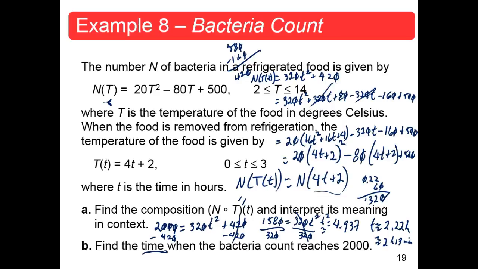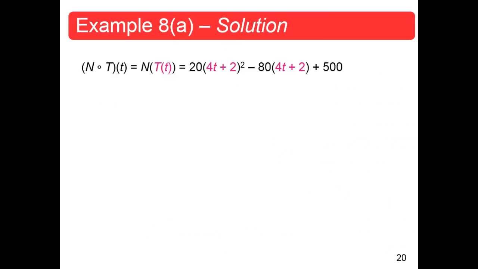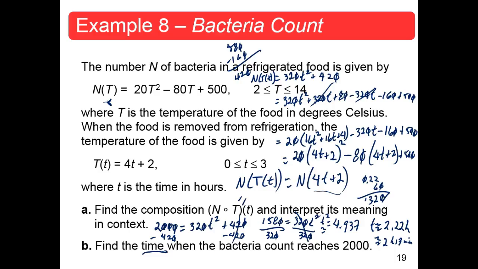Oh, and that leads me to one other thing. Really, when we took the square root here, we should have done plus or minus 2.22 hours.